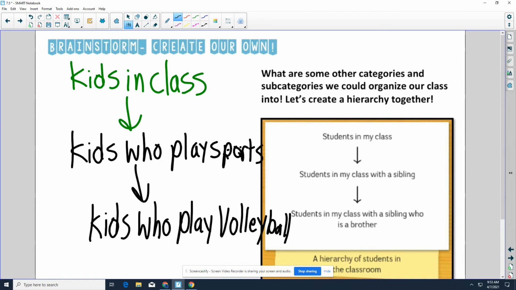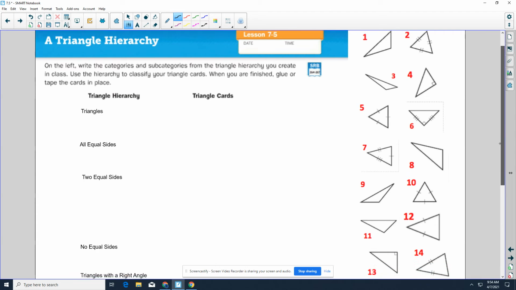So we started with students in our class, and we narrowed it down to students who play sports. And I took that even farther into a new category, and I would separate the students by students who play volleyball. So again, that's a hierarchy. It shows the relationship. And then we can figure out how many students in our class play volleyball.